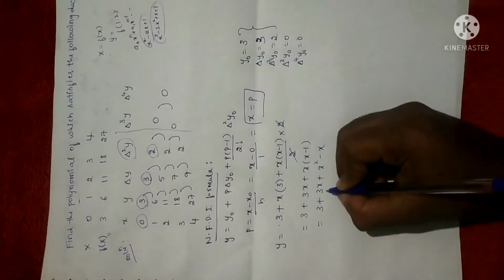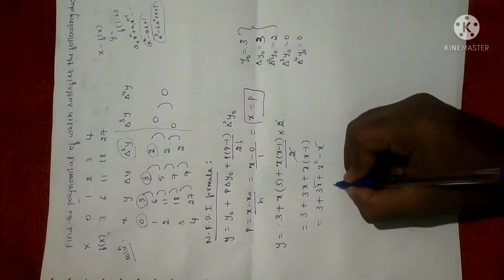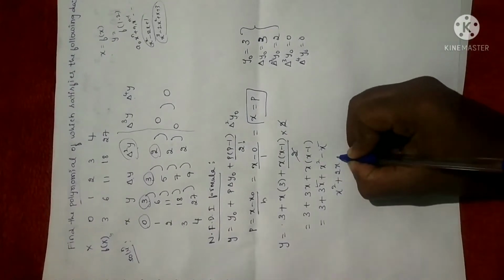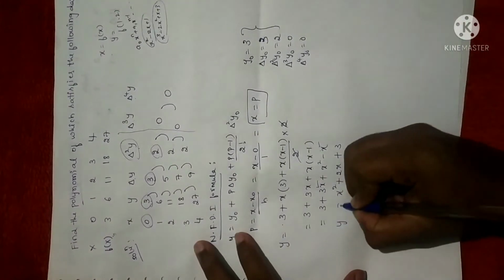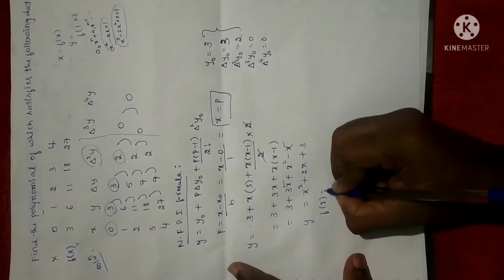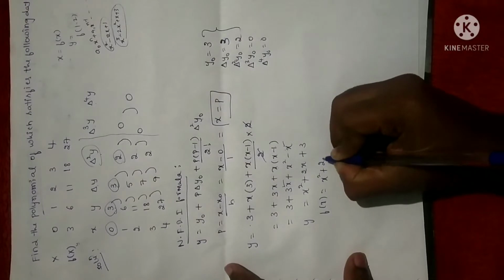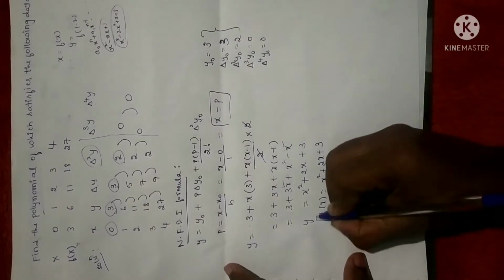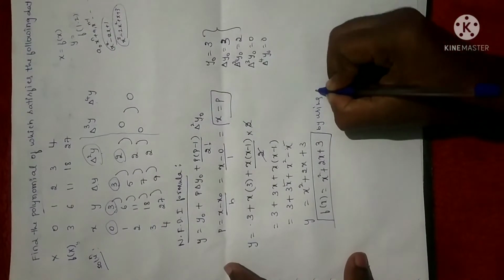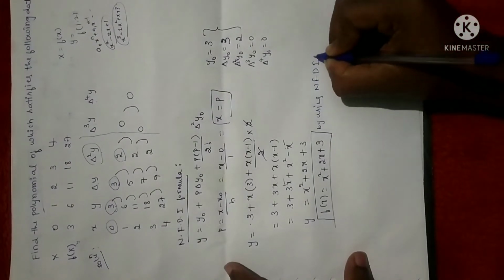Now 3x minus x will become 2x. So x square I'll write first: x square plus 2x plus 3. So y is equal to x square plus 2x plus 3, and y is none other than f of x, so I can write f of x is equal to x square plus 2x plus 3. This is the required polynomial by using Newton forward difference interpolation formula.